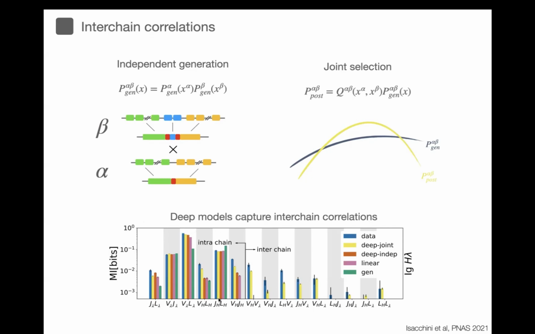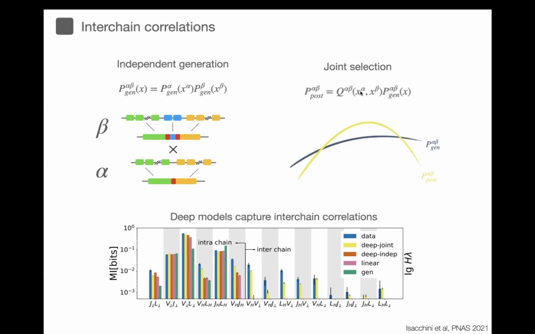So here we have all the intrachain features, and the data is in blue, and we see that many different versions of the model, linear or nonlinear, are all working very well. But for getting interchain correlations right, only these deep joint selection models are able to capture that.